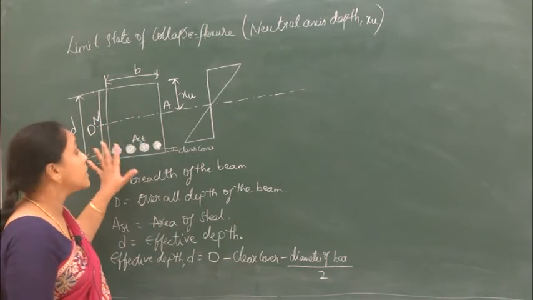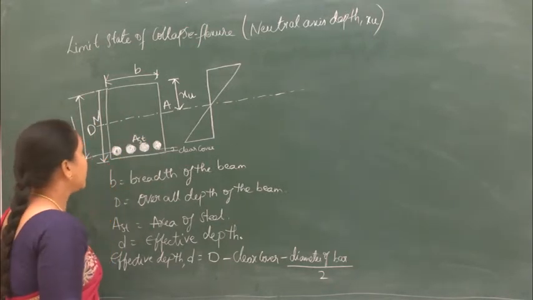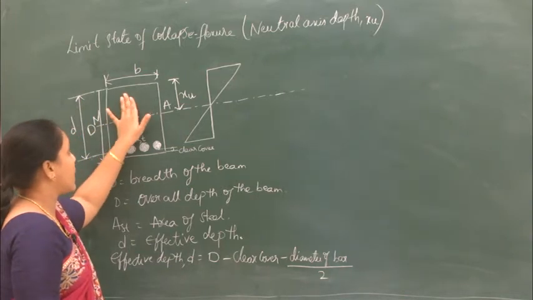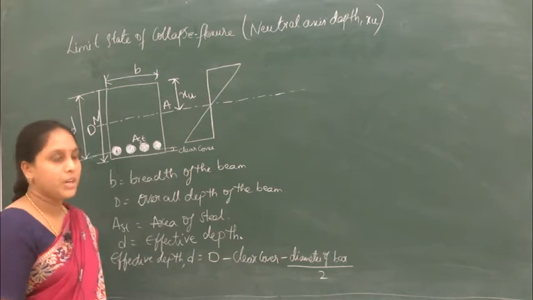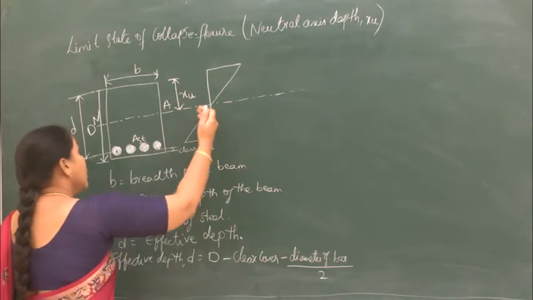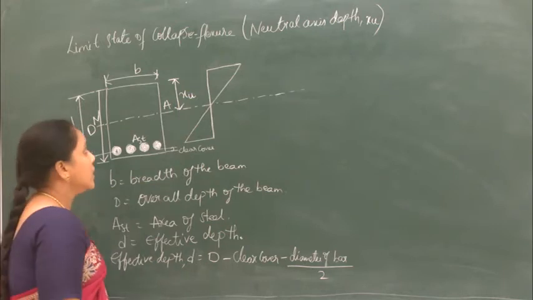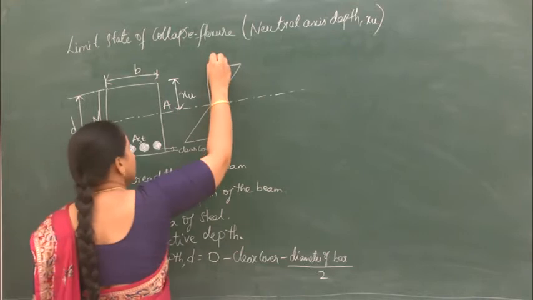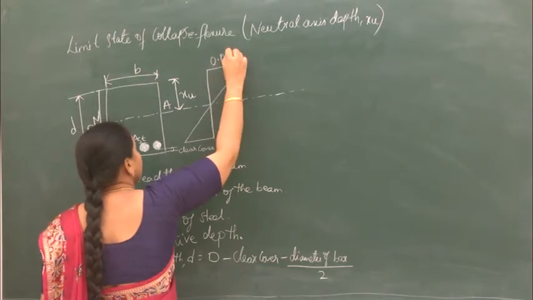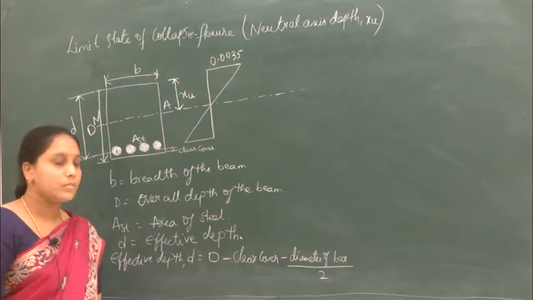If you take this particular beam section, what will be your compression fiber? This part is going to be under compression and this particular part is going to be under tension. So here the maximum strain in the compression fiber is 0.0035.